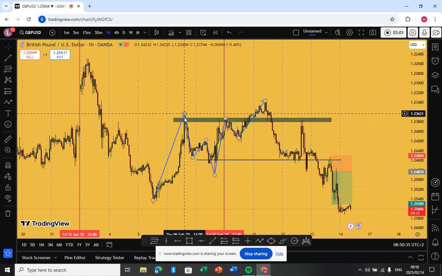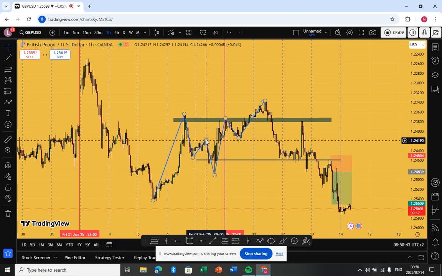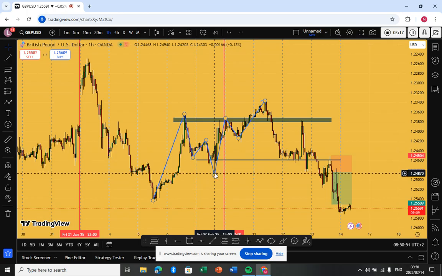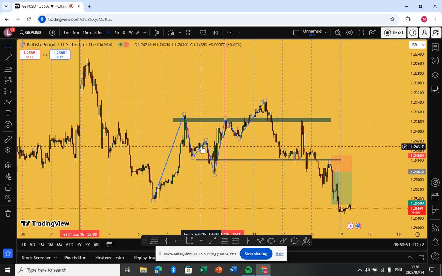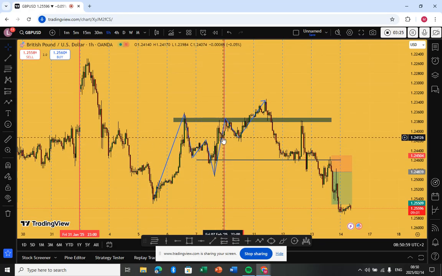It created a high, came back and did some sort of correction, then failed to create a high that is higher than this one. It created a low. Now this market was in a bit of consolidation before deciding to go up and come back down, creating another low.